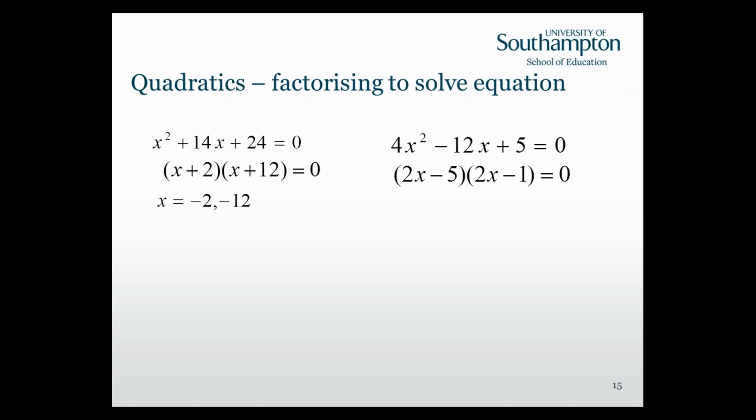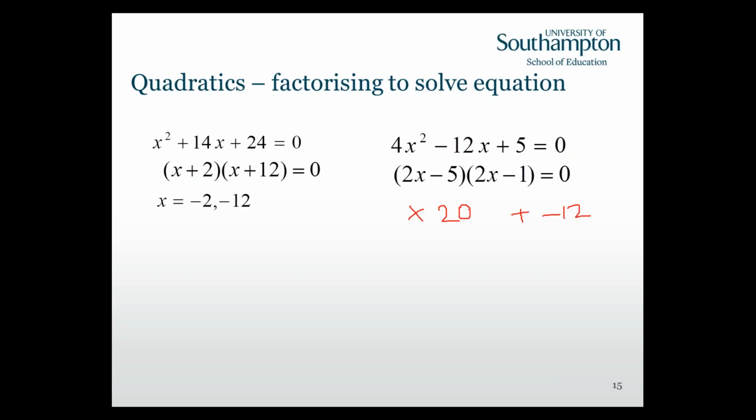Yeah, but I think I kind of confused myself a bit because I was trying to do it the method that we were looking at before. Yeah, so to do it that other way, we need 2 things that multiply to give 20 and 2 things that add to give minus 12.